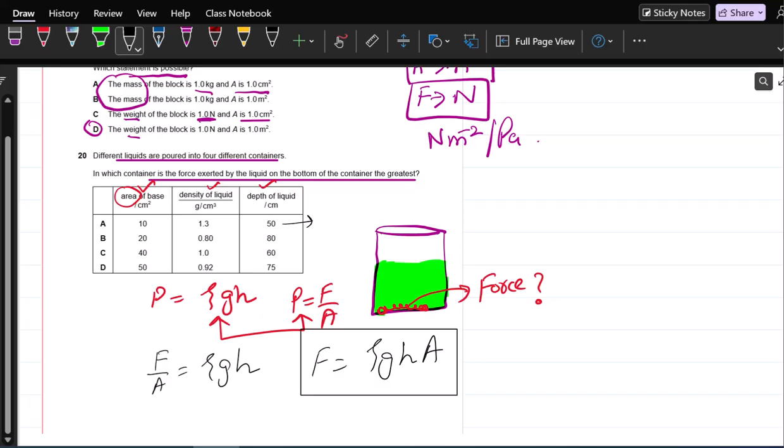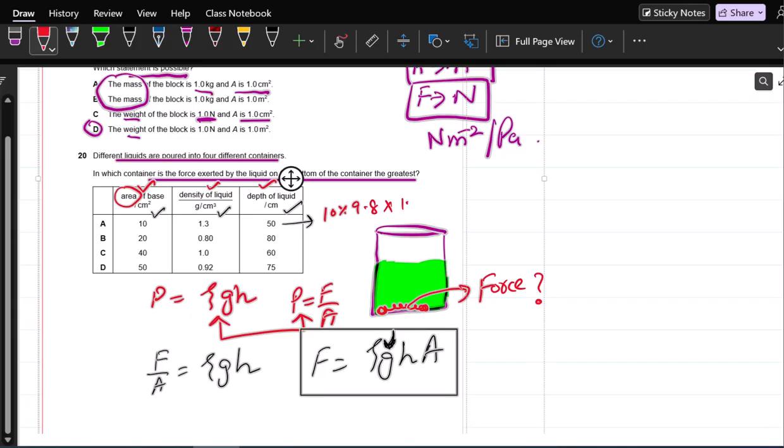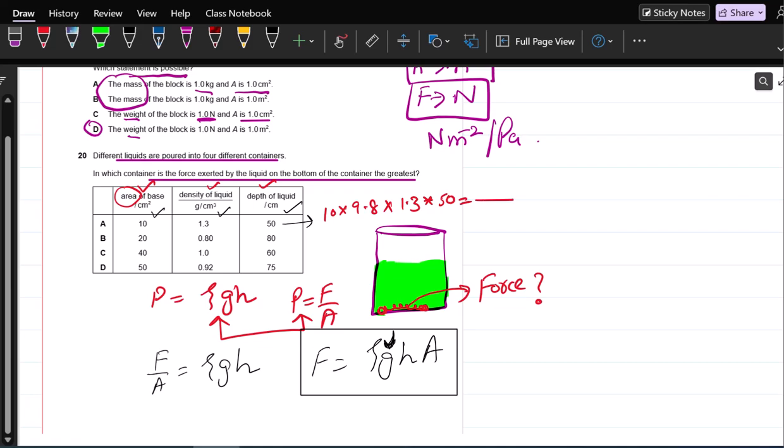This is area in centimeter square, density, depth in centimeter, and you know the value of g is constant. If I take option A, it will be 10 times 9.8 times 1.3 times 50. You will get one answer. In the same way, you have to do 20 times 0.80 multiplied by 80 multiplied by 9.8.